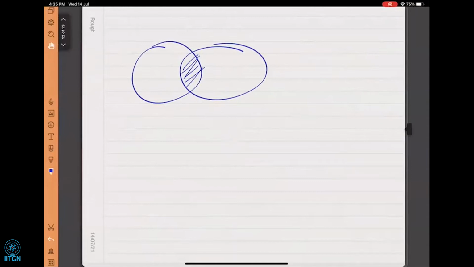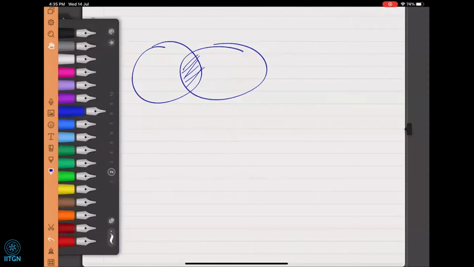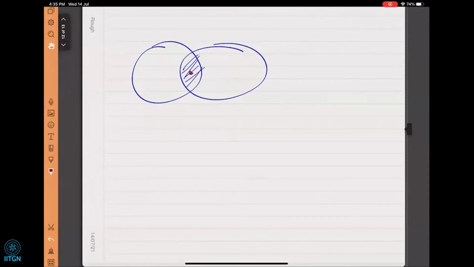However, how do we know it's an open set? Because if I pick a point, let's pick a red point inside, here's the point that I want to pick, then I can make an open disk which encloses that point and which is fully inside the set. Therefore, this weird shaped set is an open set, even though it's not an open disk.